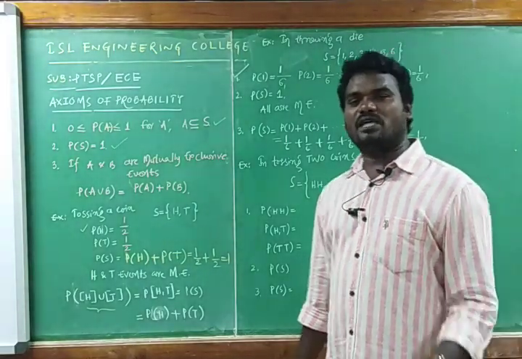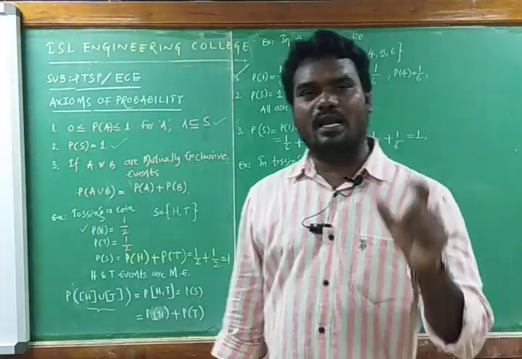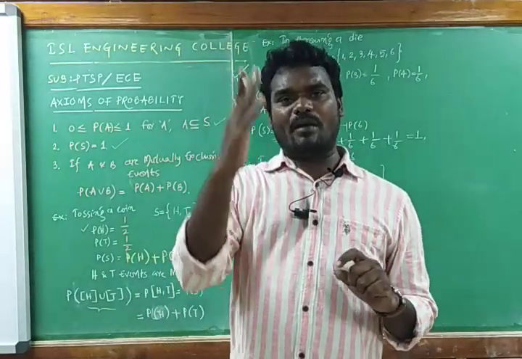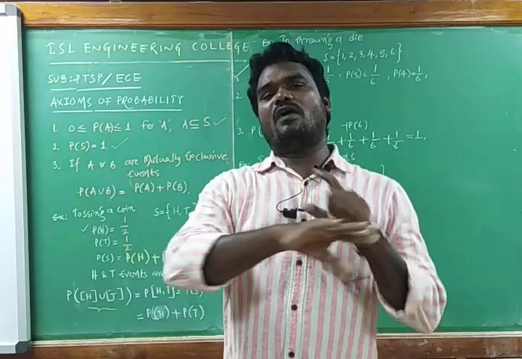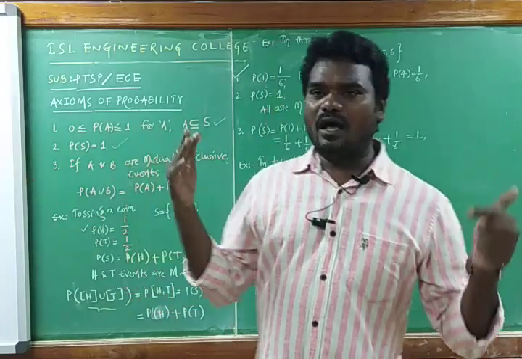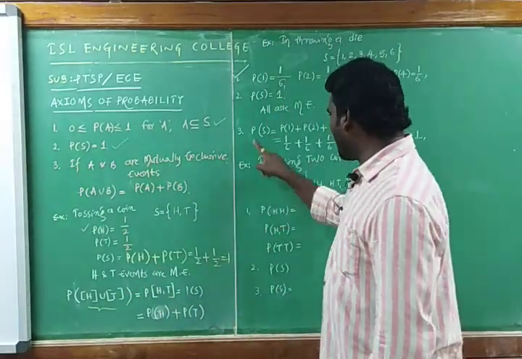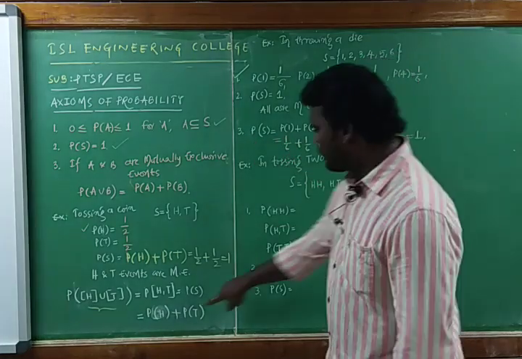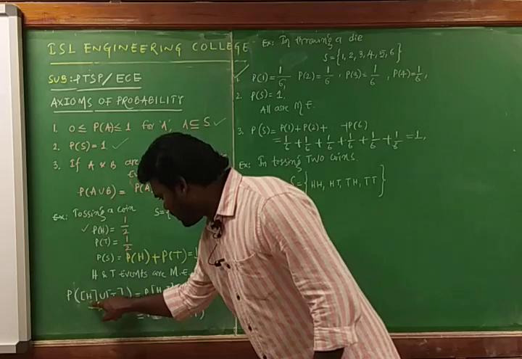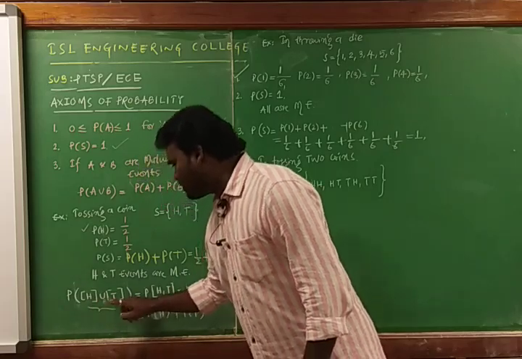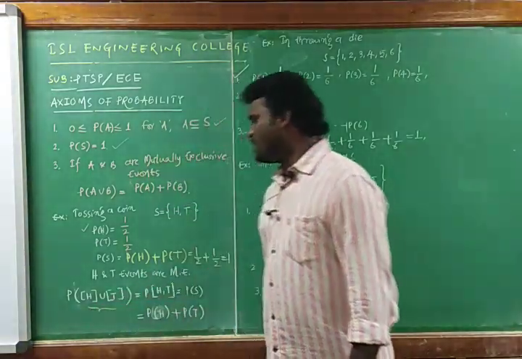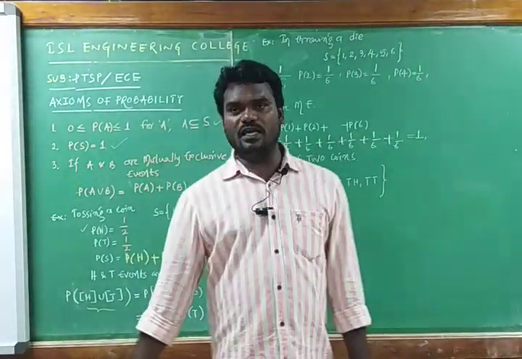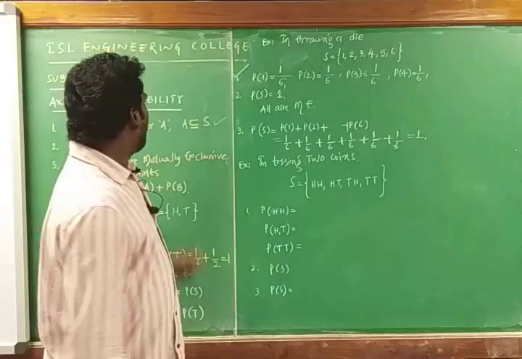The probability of the union of all the events in the sample space is nothing but the probability of the sample space. Like this we can verify the 3 axioms of probability.